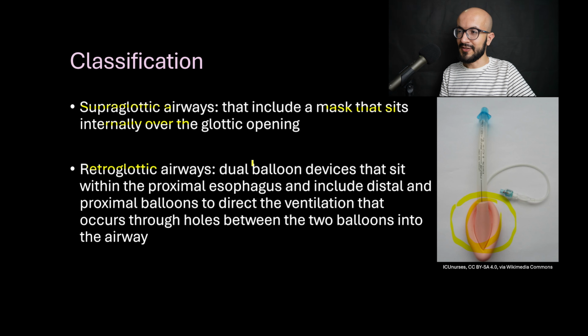On the other hand, retroglottic airways include a dual balloon device that sits within the proximal esophagus and includes distal and proximal balloons to direct the ventilation that occurs through the holes between the two balloons into the airway.